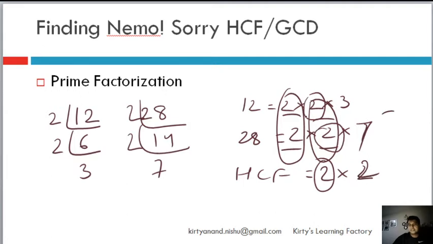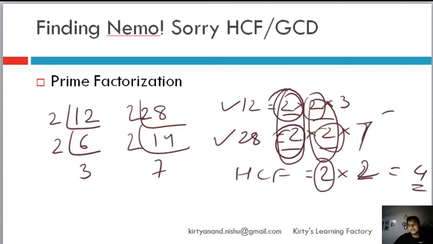Basically it says highest common factor, right? Beyond this, there are no factors which are common across both 12 and 28. But below this, yes. Like this is 4, but below this, 2 is also a common factor.